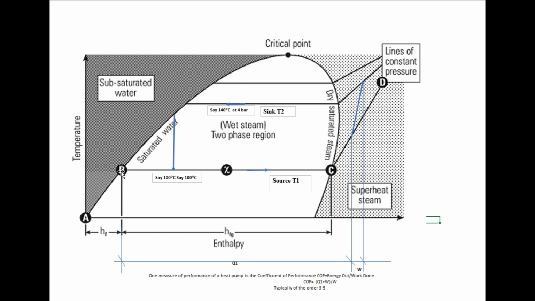So let's say at 1 bar, that should read 1 bar there. Here we have our heat source T1 and our heat sink at T2, and to explain this I just say this is at 1 bar and 100 degrees centigrade.